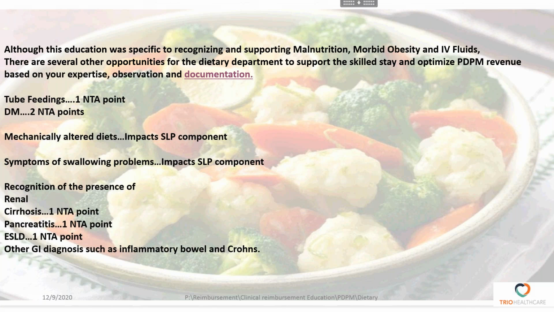There's opportunity for NTA points for tube feedings, NTA points for the diagnosis of diabetes. When we have mechanically altered diets, that impacts the speech component. Symptoms of swallowing problems impact the speech component. And then your recognition during your medical review and your awareness of renal situations and cirrhosis, which is an NTA point, pancreatitis is an NTA point, end-stage liver is an NTA point.